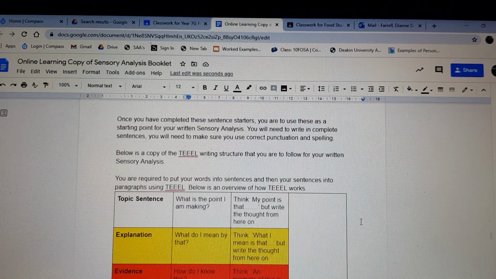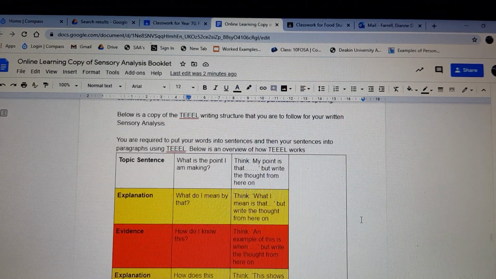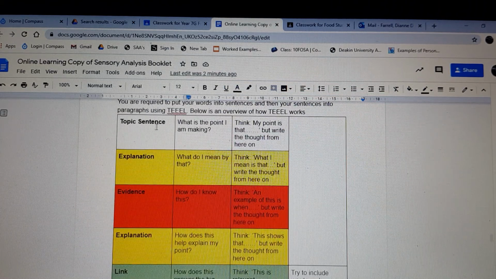Okay, so once you have completed these sentence starters, you are to use these as the starting point for your written sensory analysis. You will need to write in complete sentences and you will need to make sure you use correct punctuation and spelling. Below is a copy of the teal writing structure that you are to follow for your written sensory analysis. So you'll see here we have a topic sentence, explanation, evidence, explanation, and then a link. Okay, and so that's how it's to be done.